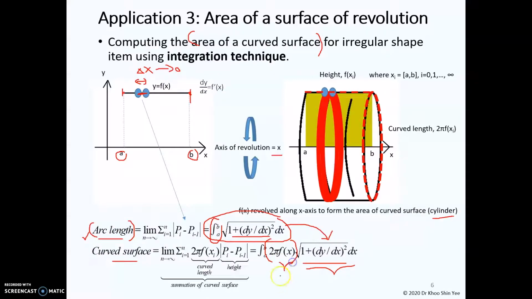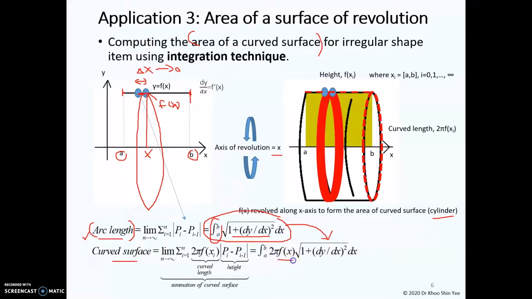f(x) here is the height of the function, where you can see that at this particular x, this is your f(x), which represents the height. If you multiply it with 2 pi, basically you are computing the circumference.